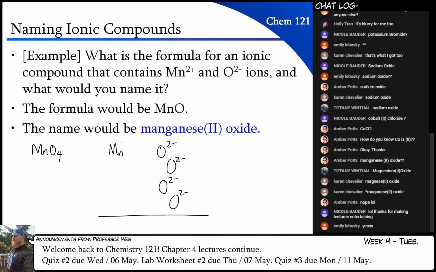So now I have to figure out what goes in this spot right here. Well, if I have 8 minus from negatives from oxygen, what do I need to balance that out? It must be this from manganese. So that's how we get manganese 8. And then oxide.